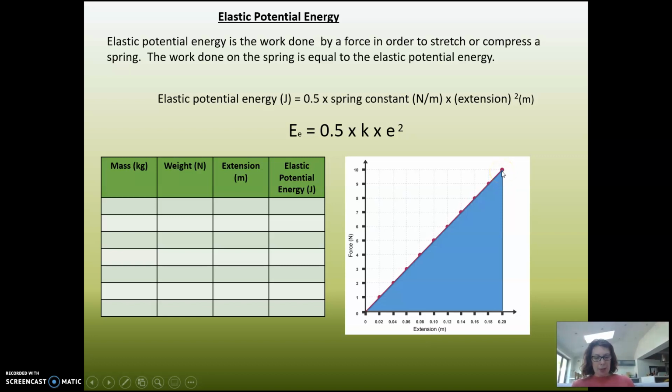So times 10, which gives me 1. So I know that there is 1 joule of energy stored in this spring.